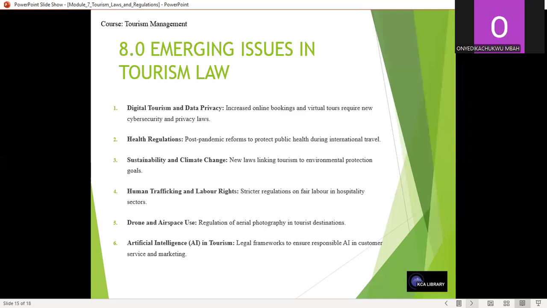We have sustainability and climate change, new laws linking tourism to environmental protection goals, human trafficking and labor rights, drone and airspace use, artificial intelligence in tourism. So these are the emerging issues in tourism law.